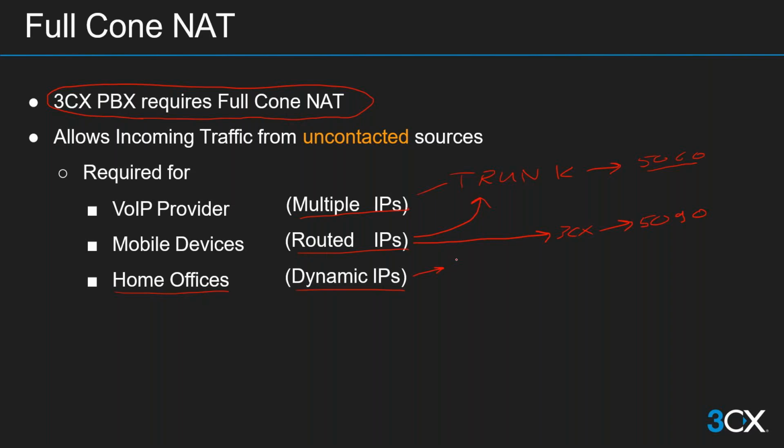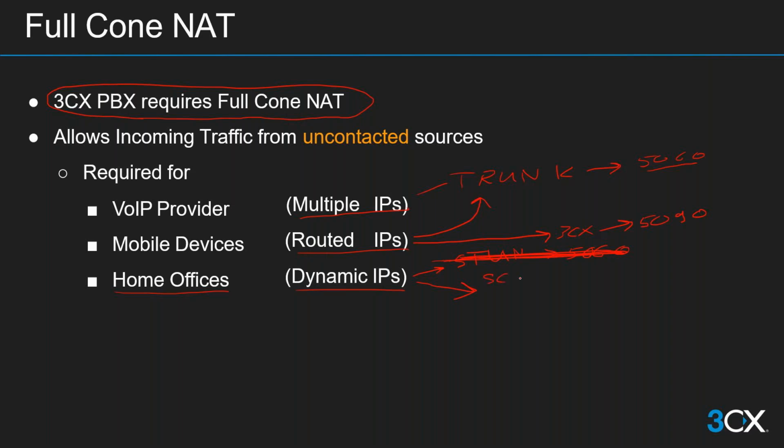In that regard, dynamic IP STUN goes 5060. Oops, 5060. STUN is not a discussion anymore. Therefore, 5060 is dead there. Home offices, dynamic IPs.